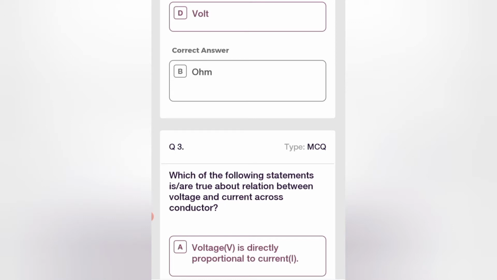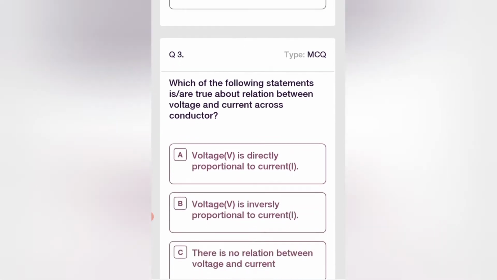Option A is voltage is directly proportional to current. That's fine. Next one, voltage is inversely proportional to current. No, that's wrong.